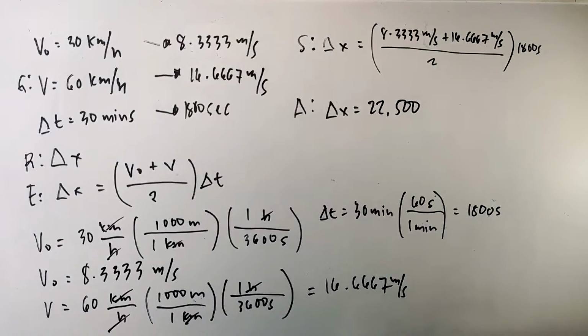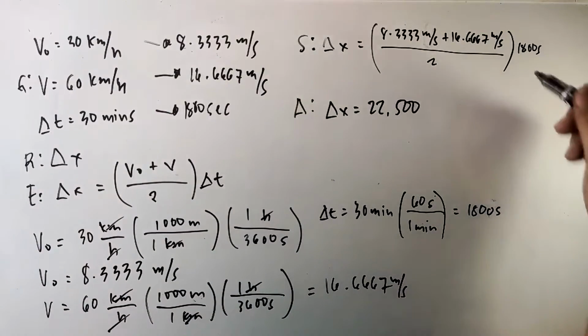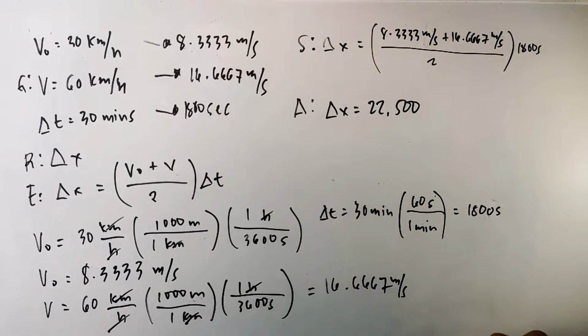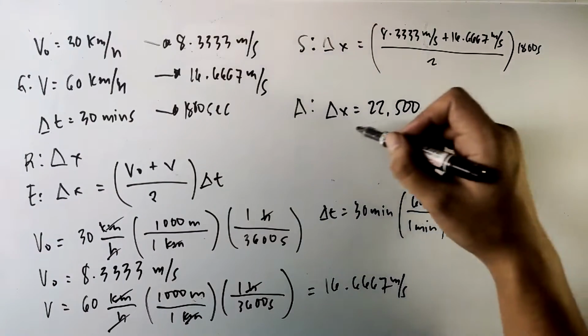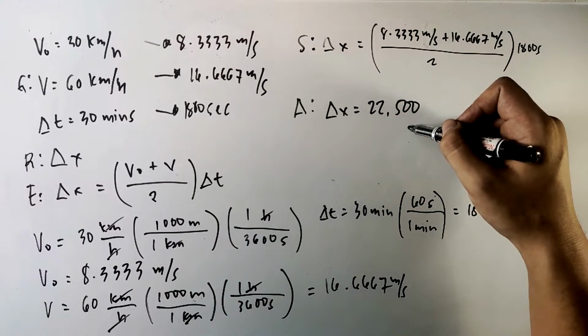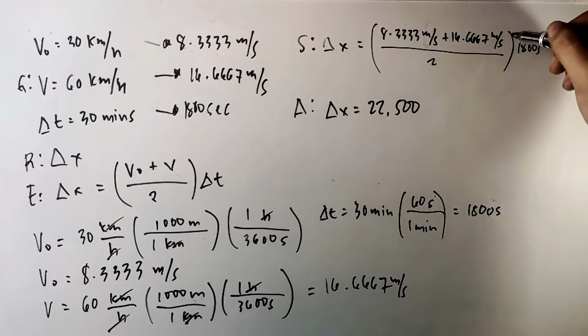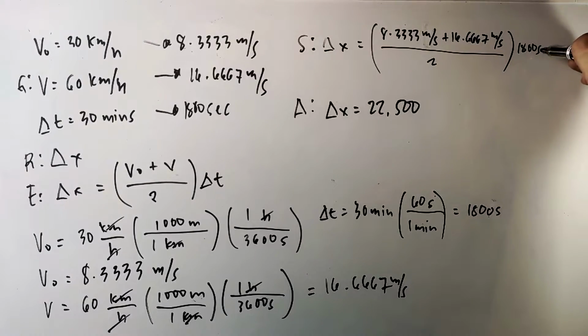So what's the unit? If you're going to add this, then this is multiply. Of course you're going to cancel that, because this is on the denominator and this is on the numerator.